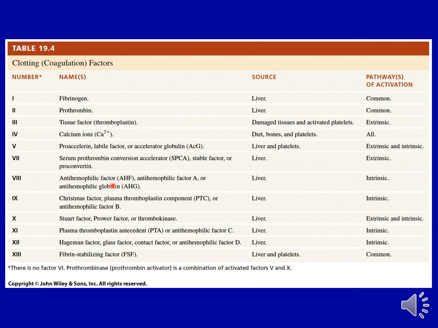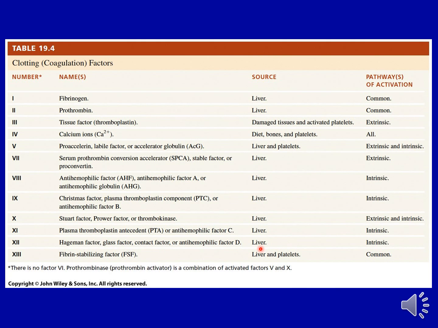Factor 8, antihemophilic globulin or antihemophilic factor A. Factor 9, Christmas factor or antihemophilic factor B. Factor 10, Stuart-Prower factor or thrombokinase. Factor 11, plasma thromboplastin antecedent, antihemophilic factor C. Factor 12, Hageman factor or glass factor or contact factor or antihemophilic factor D.